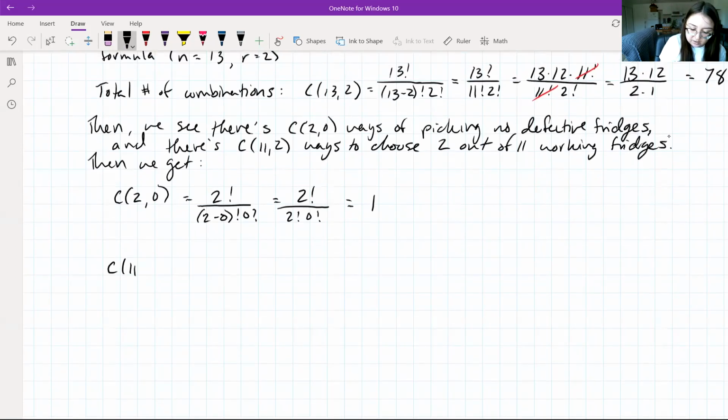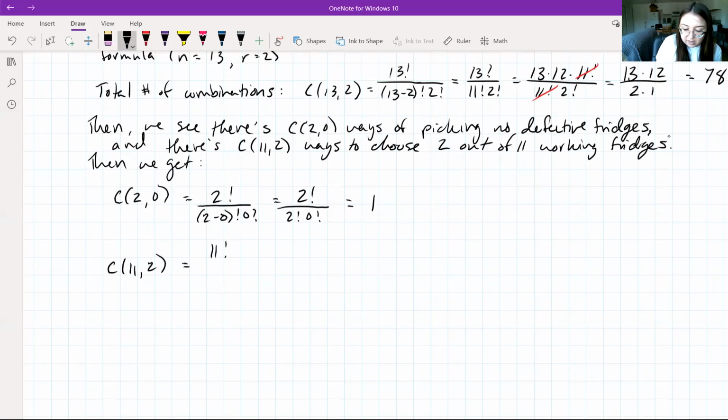Then we take a combination of 11 and 2, so this is the number of ways that we can take 2 working fridges out of the 11 working fridges. Since there's 2 defective fridges out of 13, that means there's 11 working fridges, and if we want our sample to have only working fridges, then it needs to be 2 of the 11.